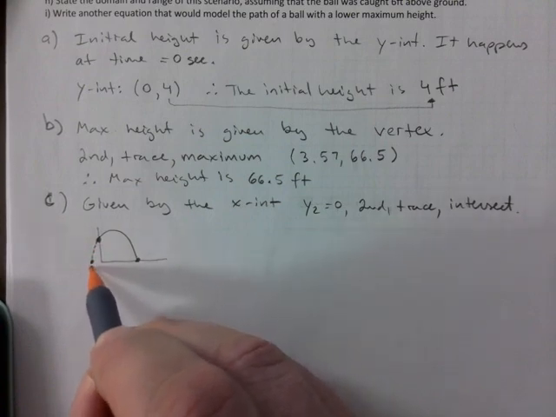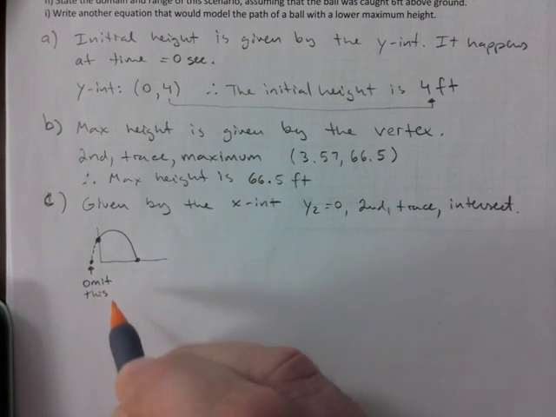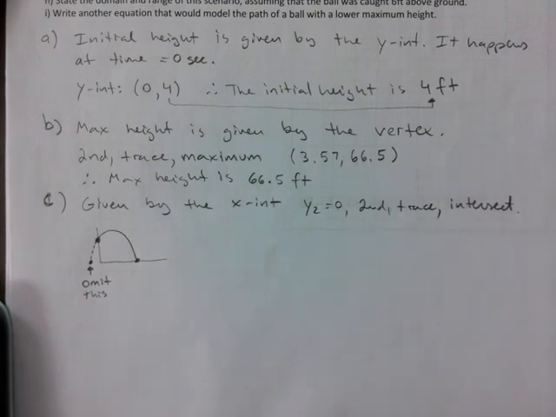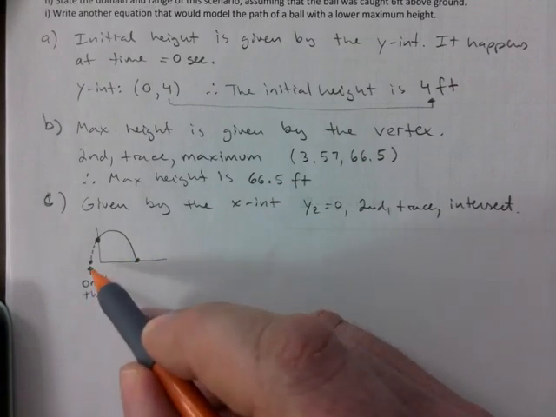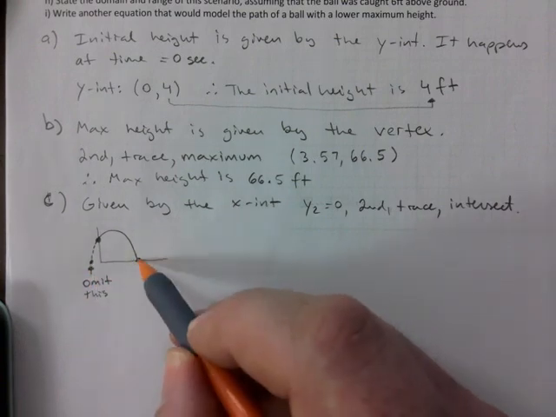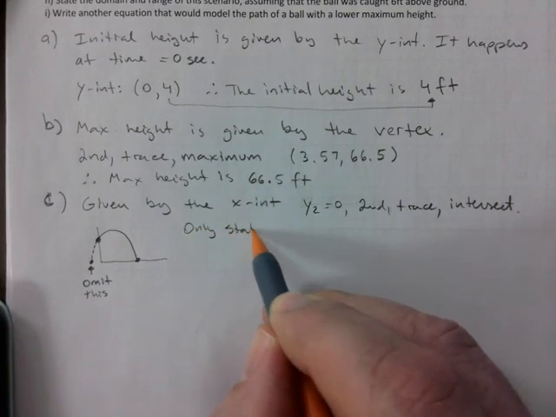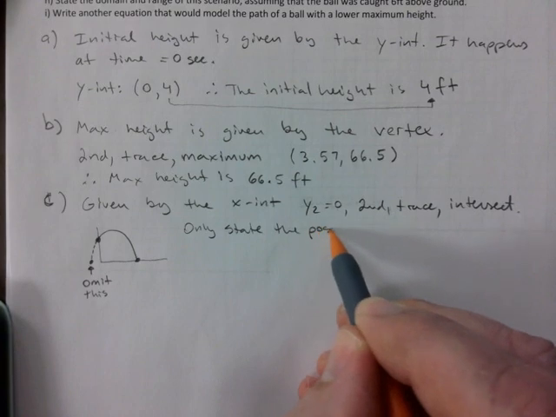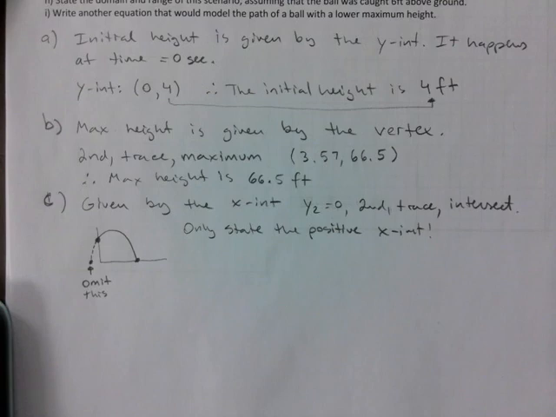This x-intercept we omit. We do not include that x-intercept. We would just be looking for this one. This one is outside of what we call our domain, okay? So don't be using that. Only state the positive x-intercept. There will be some instances where you go into the negatives, but we'll talk about that later.